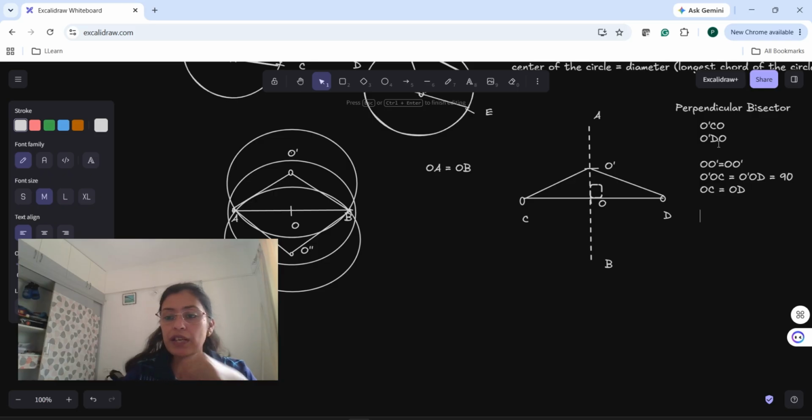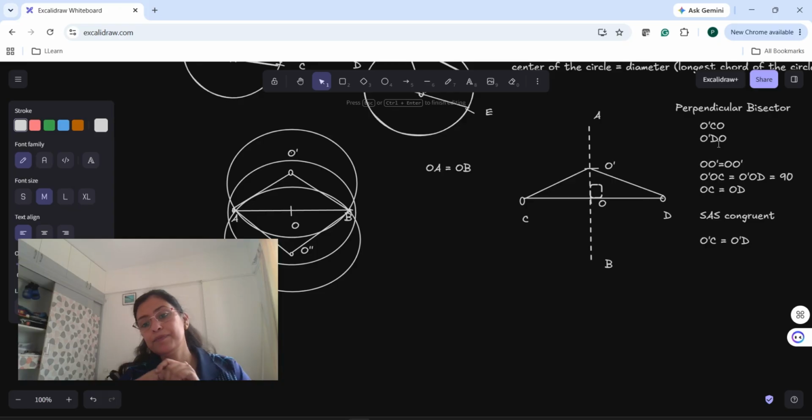So do you see here side, angle, side? So this is the congruency property. These two triangles are congruent. So then what does it mean? This means that our O dash C will be equal to O dash D.